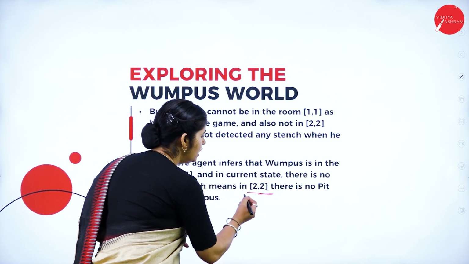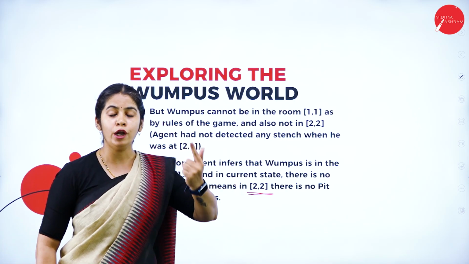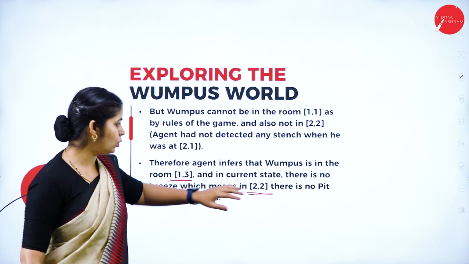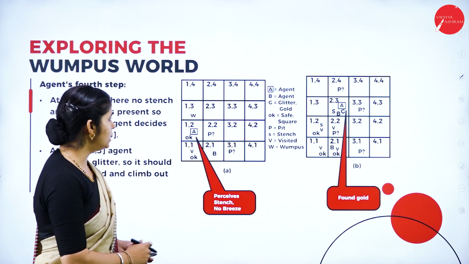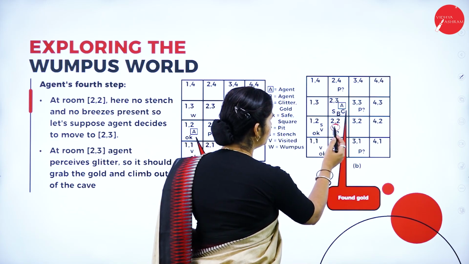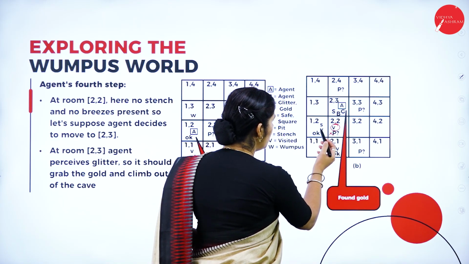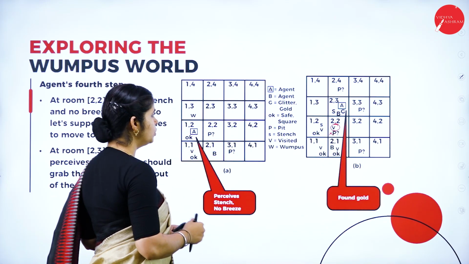He'll move to cell 2,2, assuming that there is no stench smell and no breeze smell. So he'll be safe here in 2,2. That is what is represented here. So he'll be visiting 2,2. There is no pit, no stench smell.